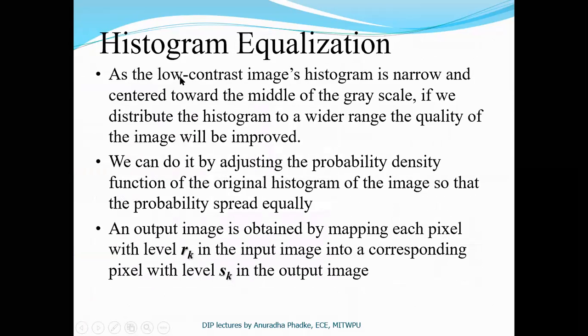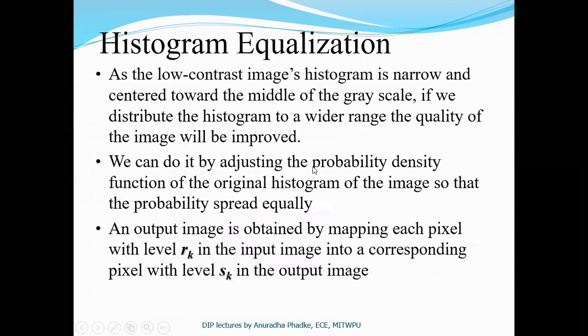As the low contrast image's histogram is narrow and centered toward the middle of the grayscale, if we distribute the histogram to a wider range, the quality of the image will be improved. Quality in what sense? Basically, the contrast of the image will be improved.